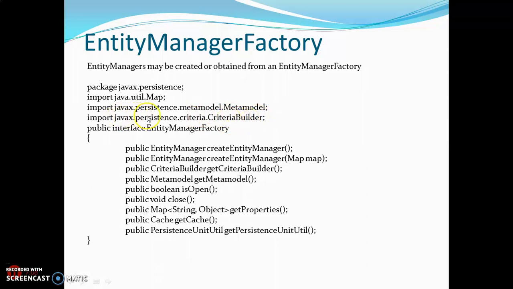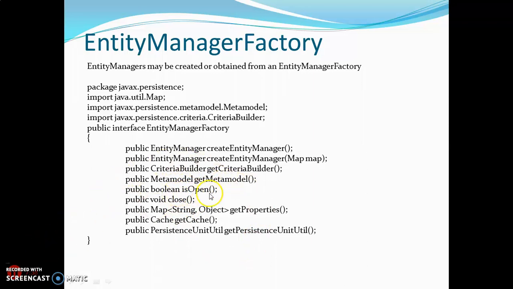We can see here javax.persistence.metamodel, and we are using the persistence criteria builder, and here we are trying to create entity manager, with two overloaded forms, then get criteria builder, then get metamodel. Metamodel is nothing but the model of how exactly the data looks, or information about the entity we are working with.